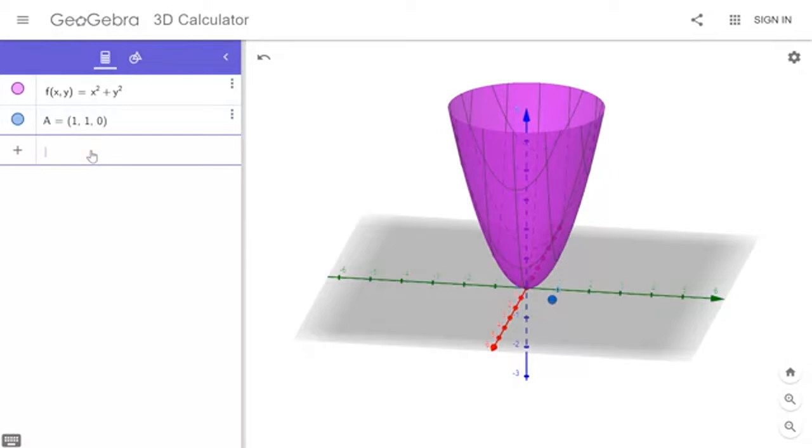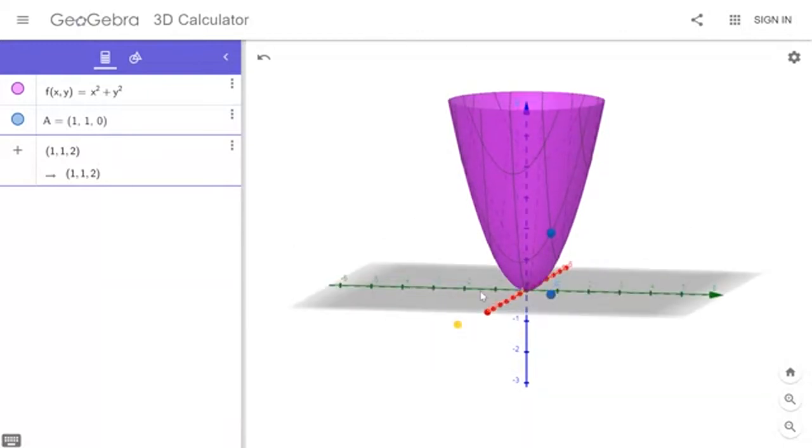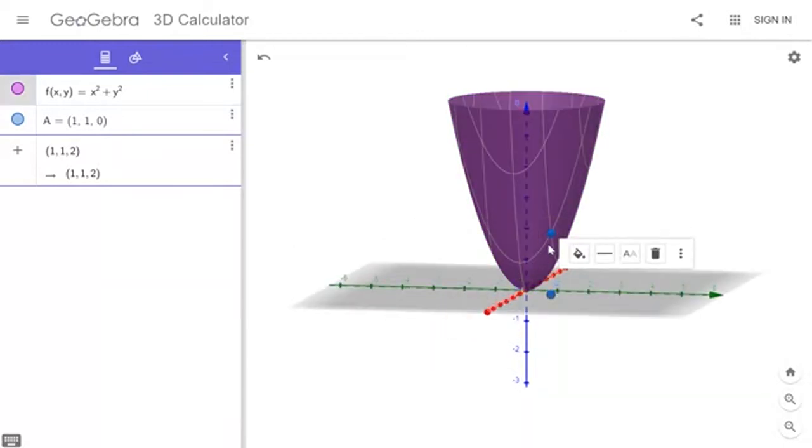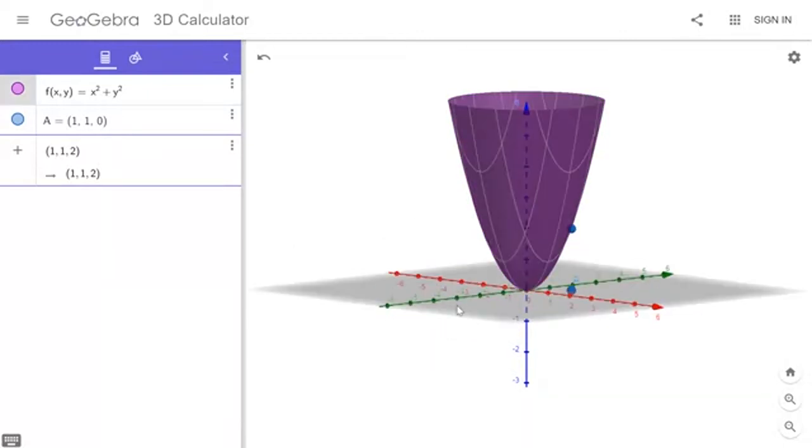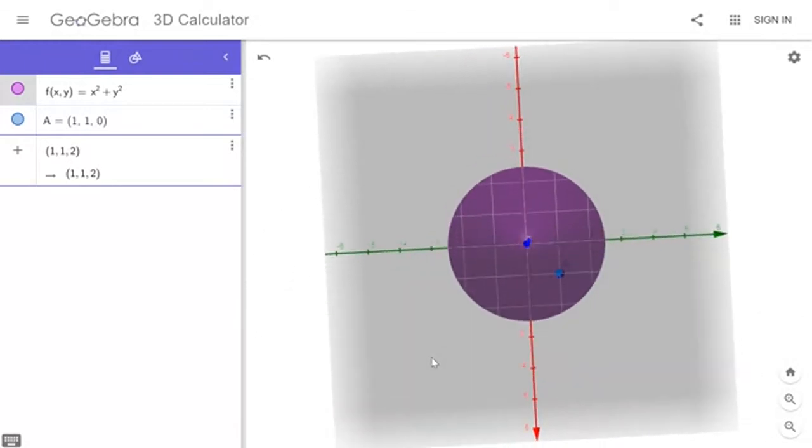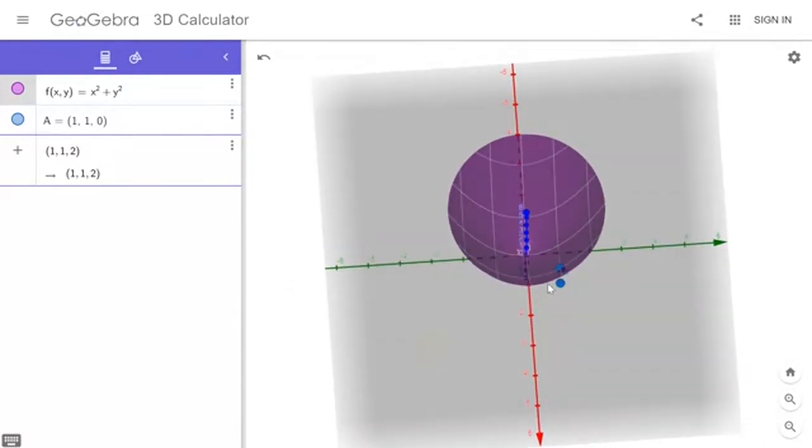And now if I want to see what the output is, I would plot (1, 1) and then the output of my function, that is 1 squared plus 1 squared, which is 2. So that's going to be on my little cone shape right there. Can you see where that extra point is? If I pull this up, you can see how they perfectly line up.